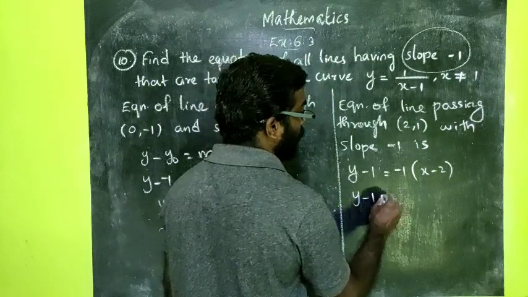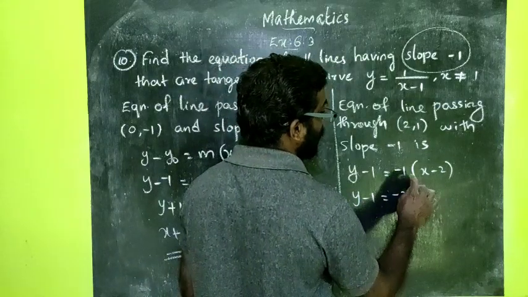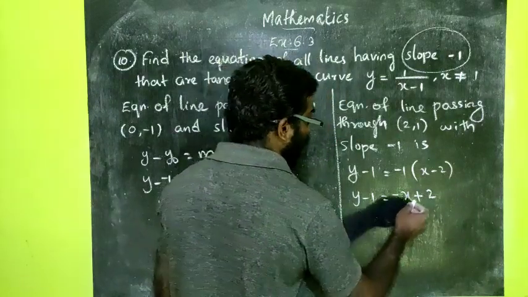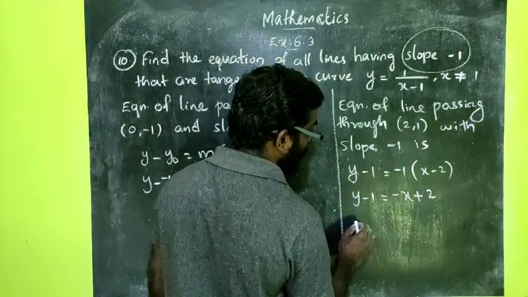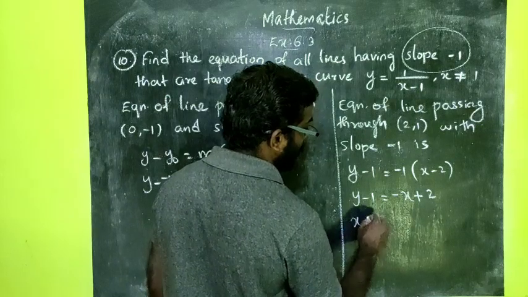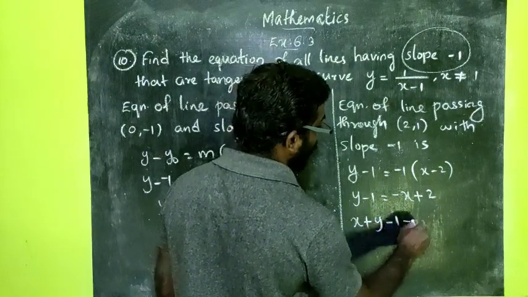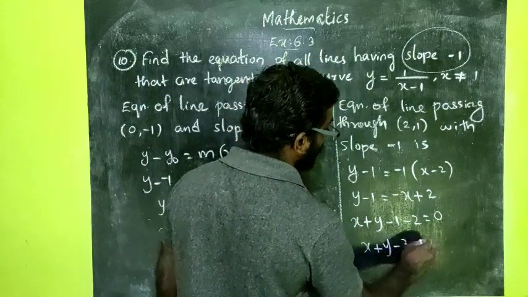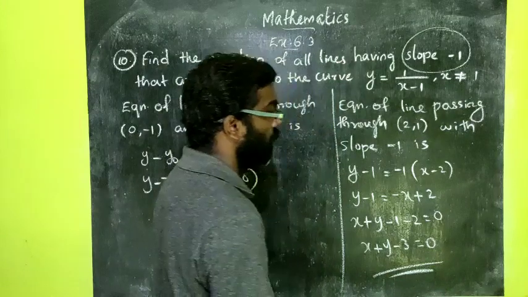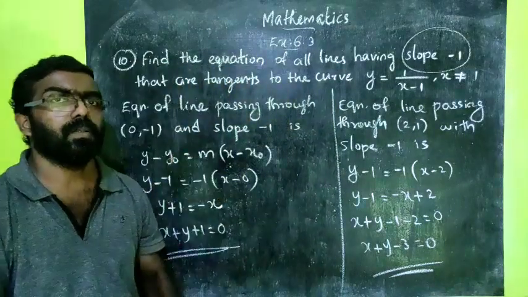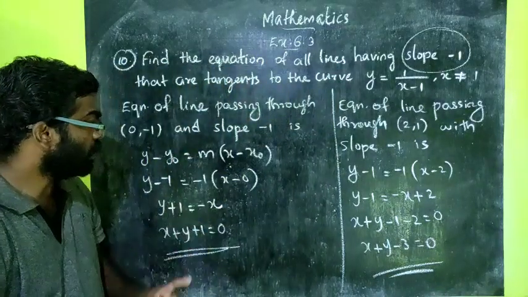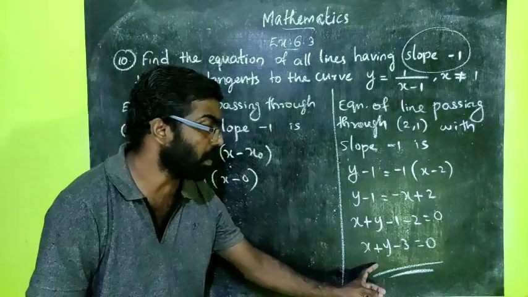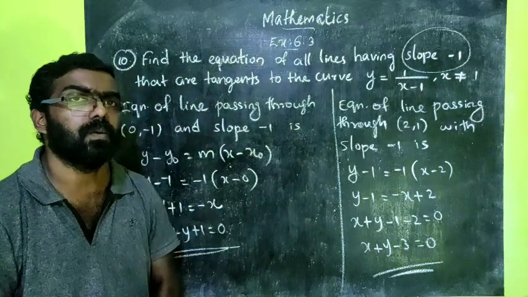That is y minus 1 equal to minus 1 into x minus minus 1 into minus 2, plus 2. We can rearrange the terms: minus x comes to the left side, it becomes plus x, that is x plus y, then minus 1 minus 2 is equal to 0, or x plus y minus 3 is equal to 0. So the equations of lines satisfying the given conditions are x plus y plus 1 equal to 0 and x plus y minus 3 is equal to 0. Understood?